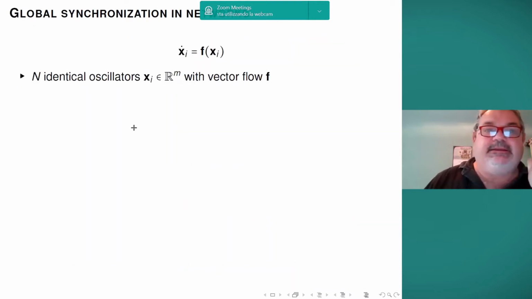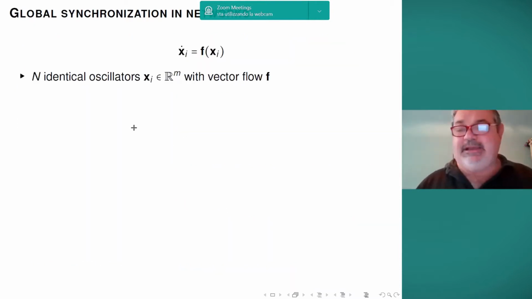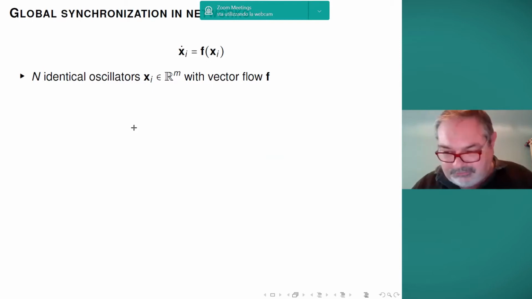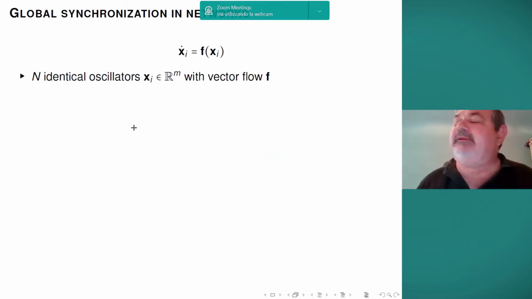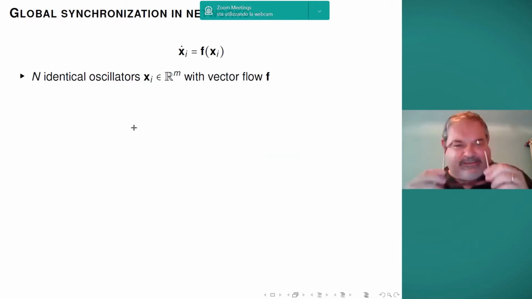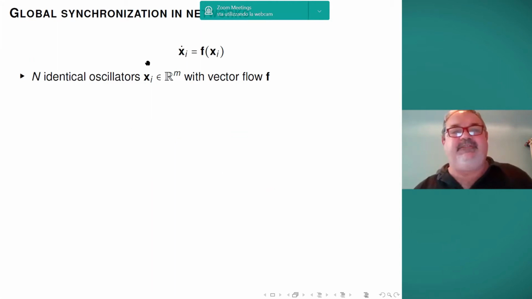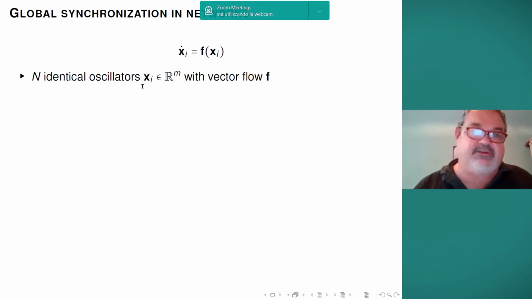Okay. So let me spend the first 2-3 minutes describing the original master stability function approach, and then I will move to the extension. In the master stability function, you imagine a population of N identical oscillators or systems.